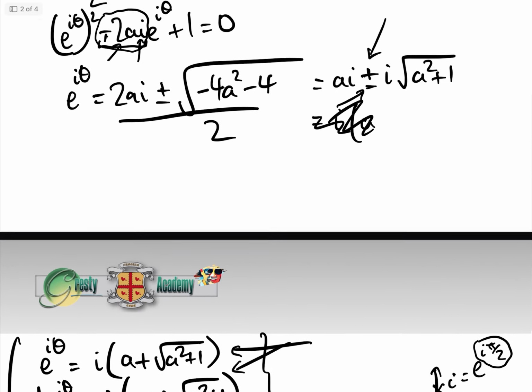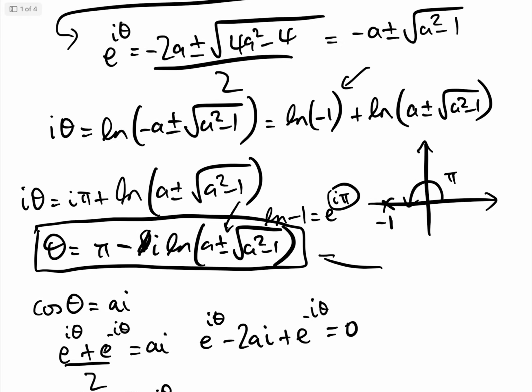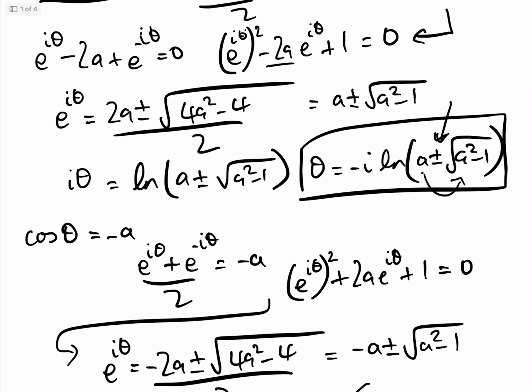That's cos ai. And then here are the solutions, my apologies, here are the solutions to cos theta equals minus a, and then finally here, the easiest one here is the solution to cos theta equals a.